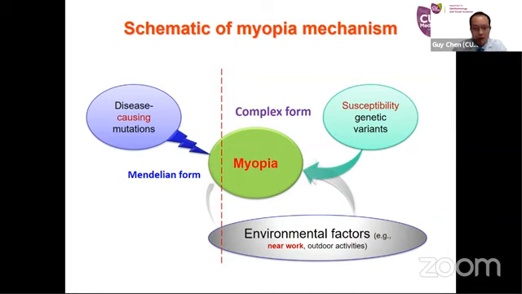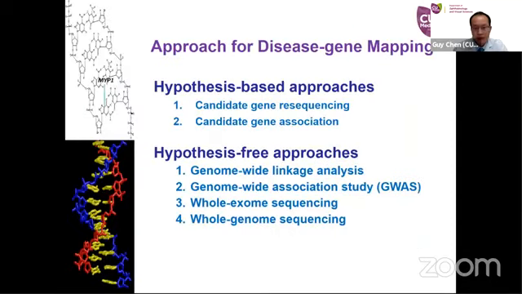Regarding the genetic models, there are Mendelian forms and complex forms of myopia. Based on different genetic patterns, we can adopt different approaches to identify the genetic factors of myopia, including the hypothesis-based approaches and also the hypothesis-free approaches, as listed here.